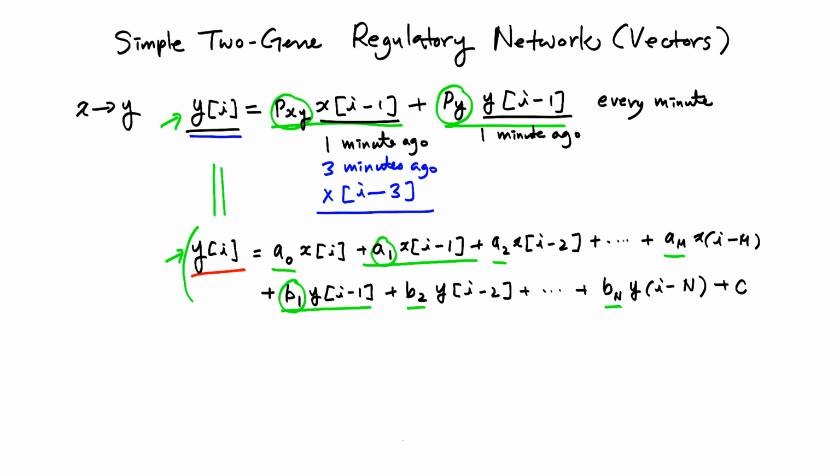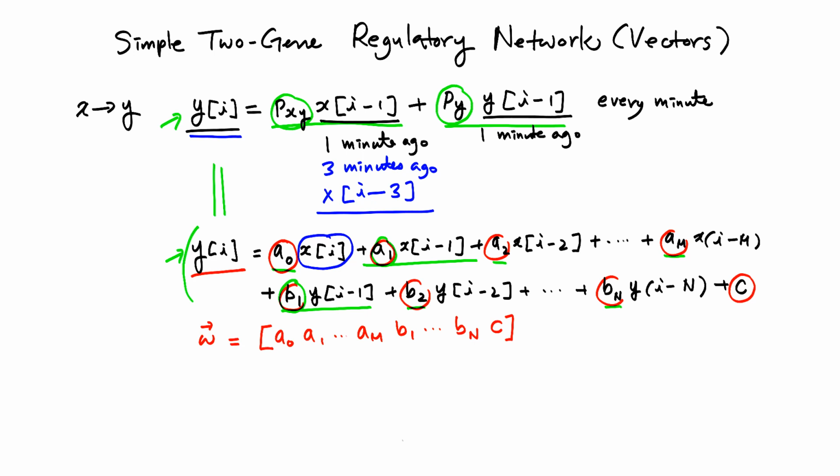This equation for y of i consists of many terms, and each term has two components. One is a parameter, and the other one is a data component, which represents x or y protein concentration. A vector, W, includes all these parameter values, including this c. So this will be A sub 0, A sub 1, up to A sub m, also B sub 1 up to B sub n, and this parameter c.